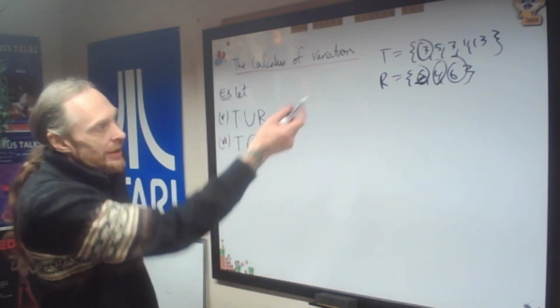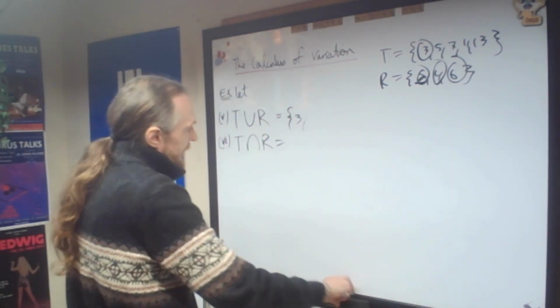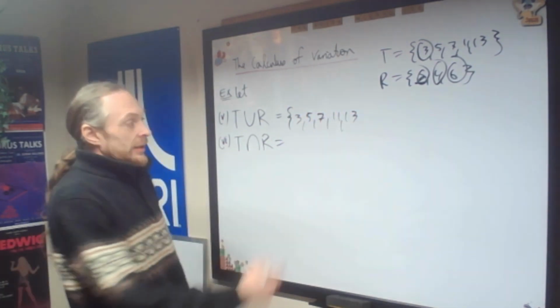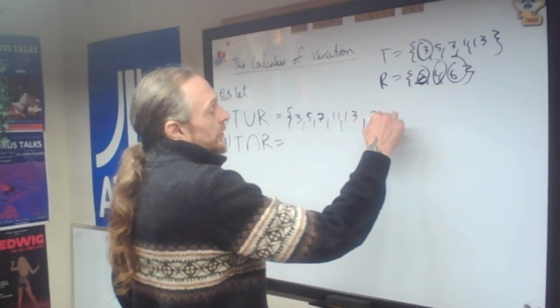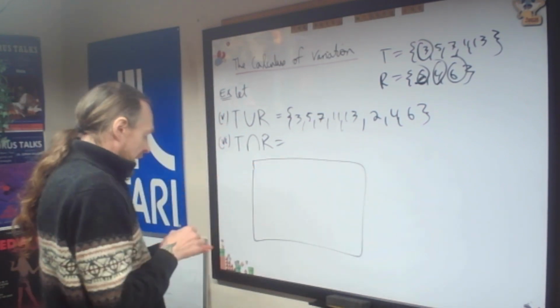Who's it going to be? So T union R, anything in. So list T now. 3, 5, 7, 11, 13. And then you don't have to be in chronological or lexicographical order at all. Then I just list 2, 4, 6. So it created a bigger set.